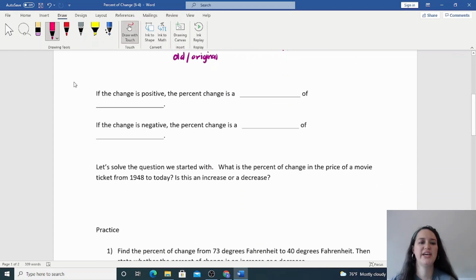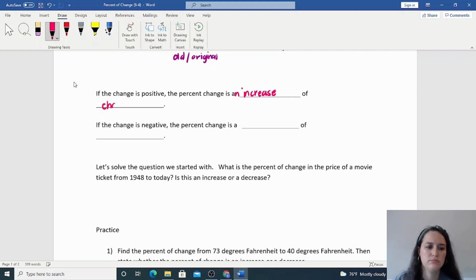All right, so if the change is positive, then the percent of change is an increase of change, right?